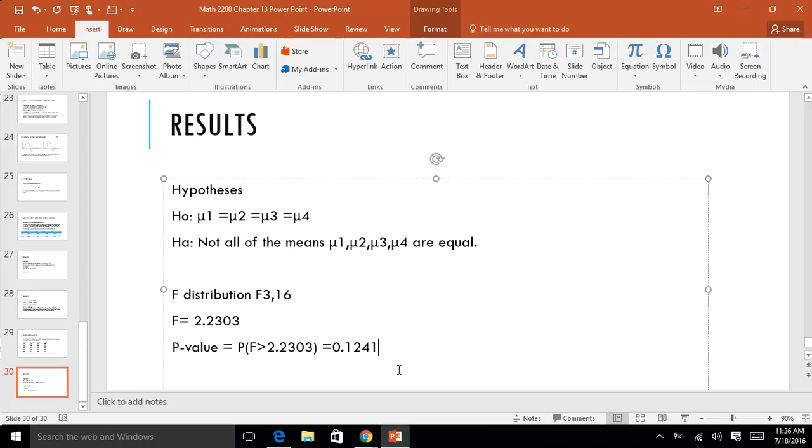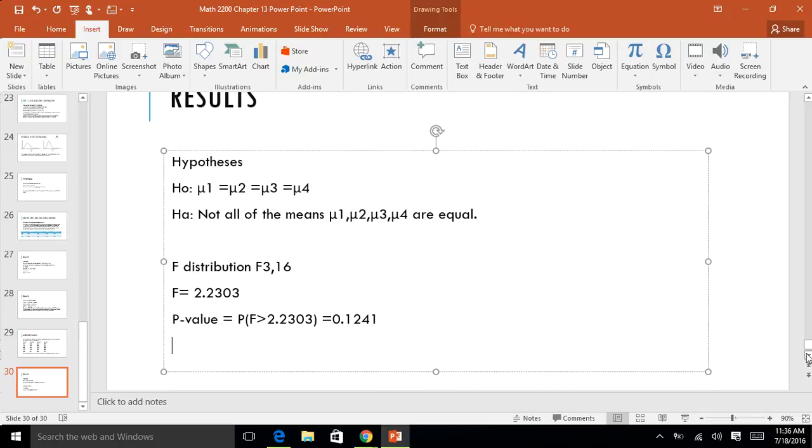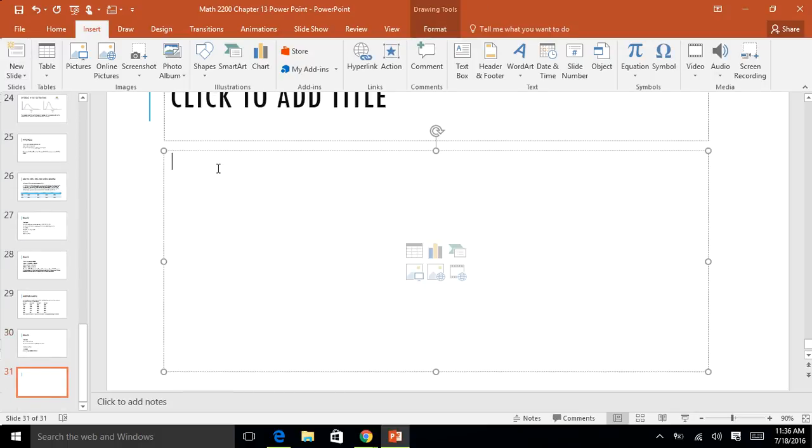So next step, it wants me to conclude this. I'm going to compare P and the level of significance. My p-value was 0.1241, and I'm going to compare that to 0.01 because that was my level of significance.